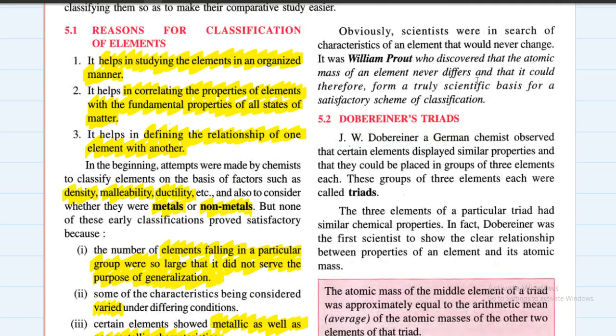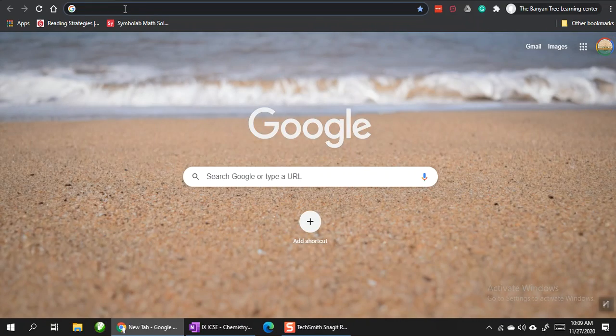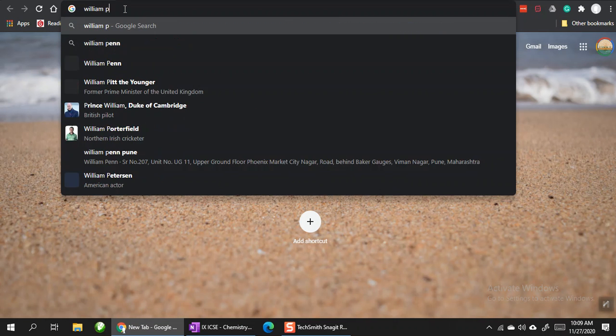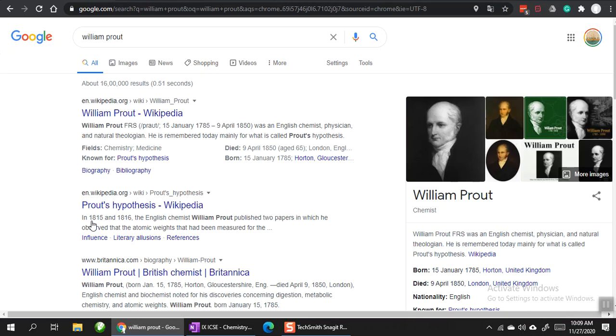It was William Prout or Proust, I'm not sure about that, because there is a scientist known as Proust also. So let me just Google search for you. William Prout. Yeah, that is Prout. He was an English chemist, physician, and natural theologian. He is remembered today mainly for what is called Prout's hypothesis.